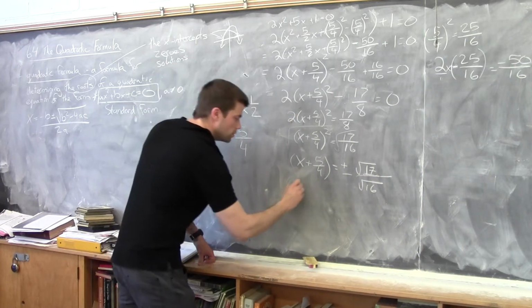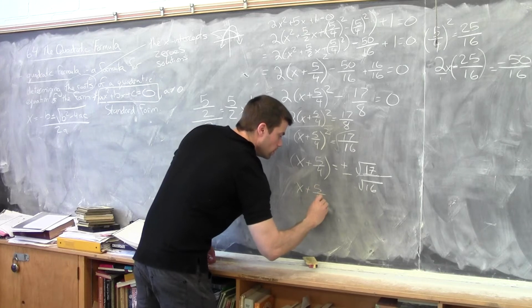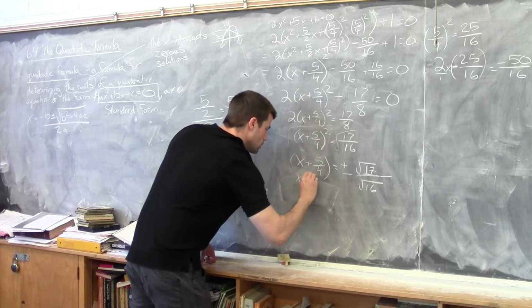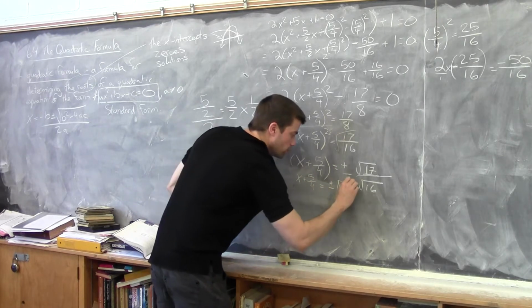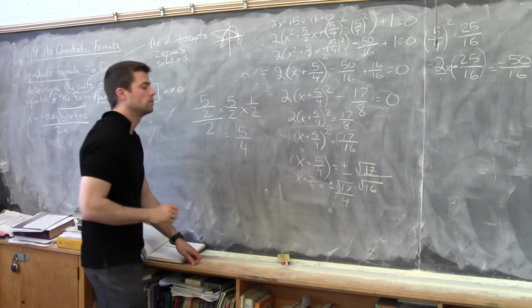Okay, once we do that, we have x plus 5 over 4. Let's make this small. Is equal to plus or minus the square root of 17 over square root of 16 is 4.